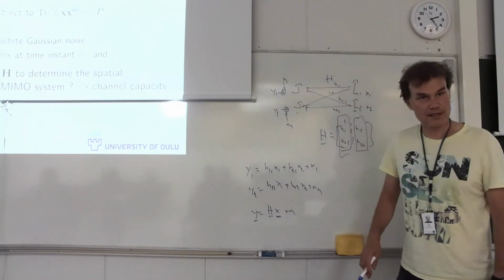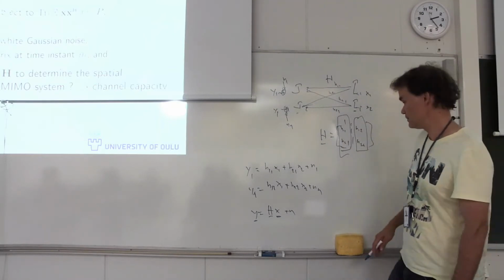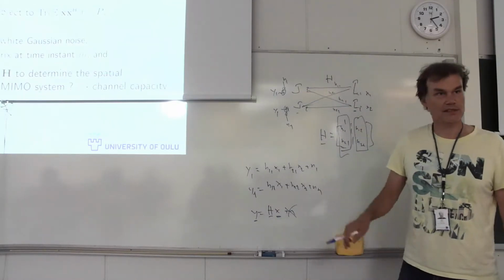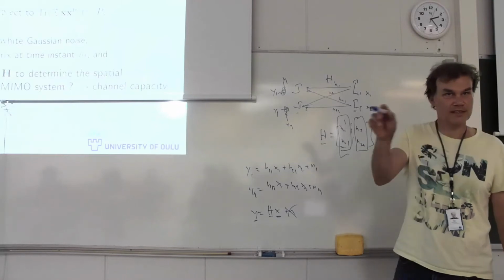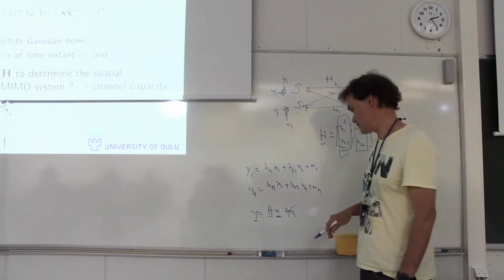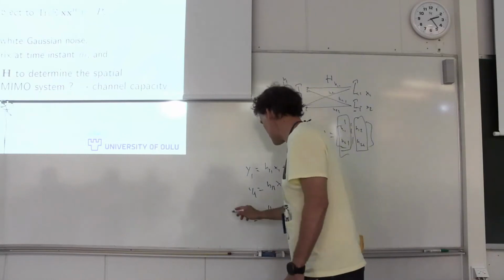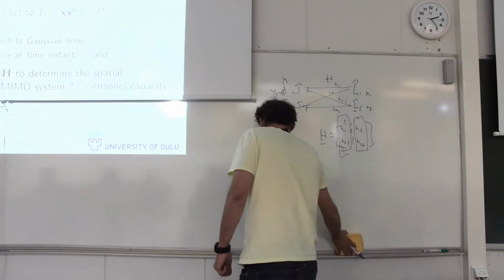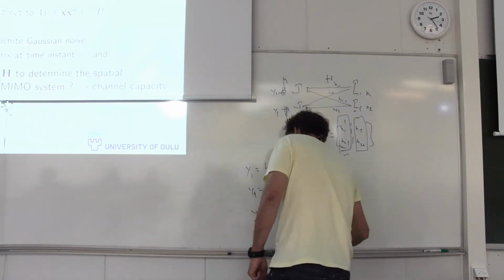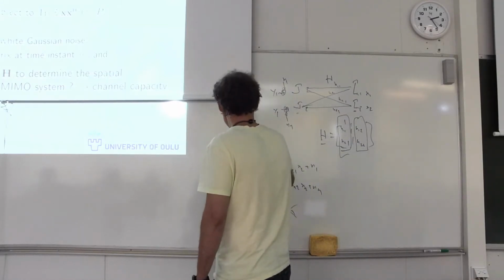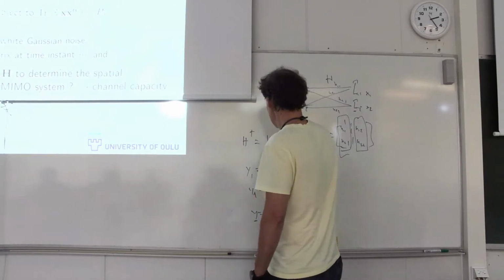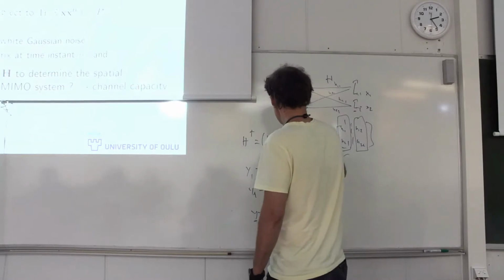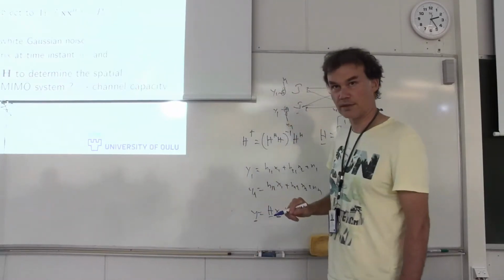Okay. System of equations. So basically, how do we solve for x? If we have a system of equations, y equals Hx plus n, ignore n. How would you solve for x? Anyone? You compute the inverse. Inverse, right? Of course, if it's a square matrix, you just multiply with H inverse on the left. In general, you multiply with the pseudo inverse, which is H Hermitian H, inverse, times H Hermitian.